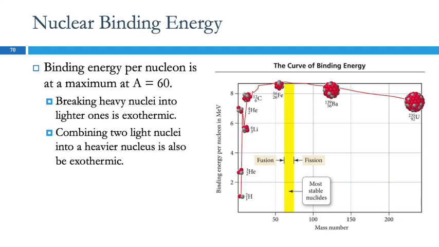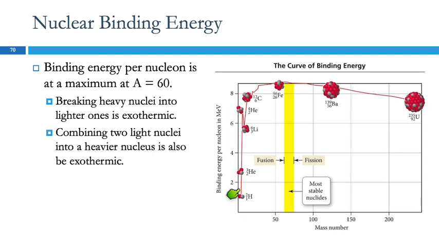So there's trends in nuclear binding energy per nucleon. Here we're looking at the binding energy per nucleon as a function of mass number. The mass number is the number of nucleons. So it starts out very low. This is deuterium, an isotope of hydrogen. This is an isotope of helium. Here we've got regular helium, helium-4.